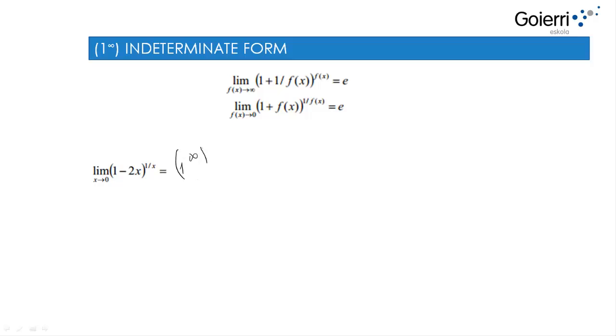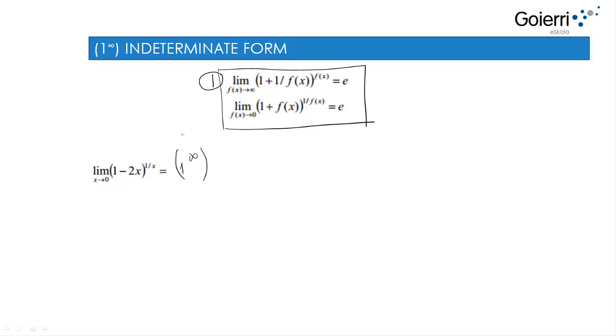When we have this kind of indeterminate form, we have to look for this kind of structure, right? You have to analyze where the x is approaching to. If the x is approaching to infinity, you have to look for this first structure.